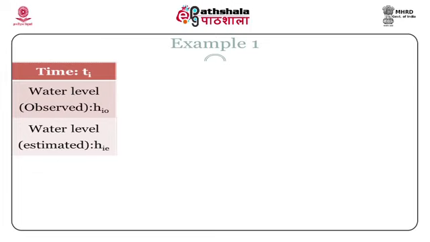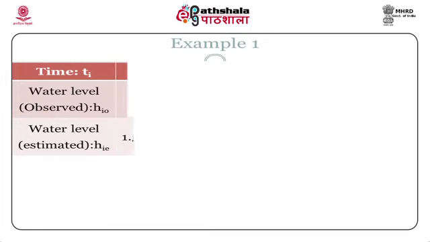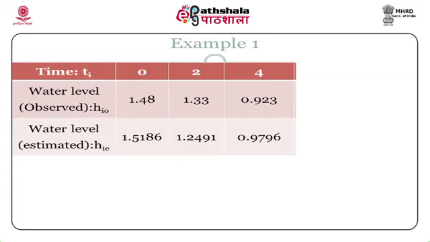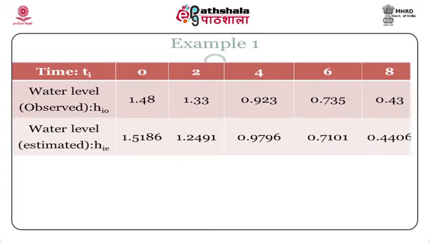That relationship gives the water level at 0 as 1.5186, at 2 as 1.2491, at 4 as 0.9796, at 6 as 0.7101, and at 8 as 0.4406.